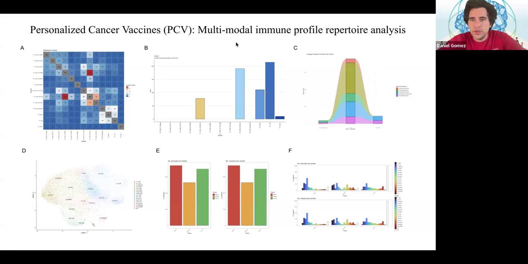And next, lineage tracing or lineage tracking of terminal T cell exhaustion clones. So you can see the CDR3 epitopes here, and which ones have the highest CD8 T cells.